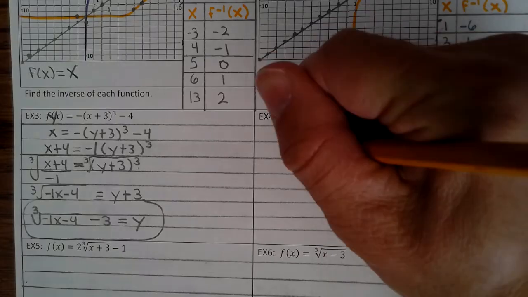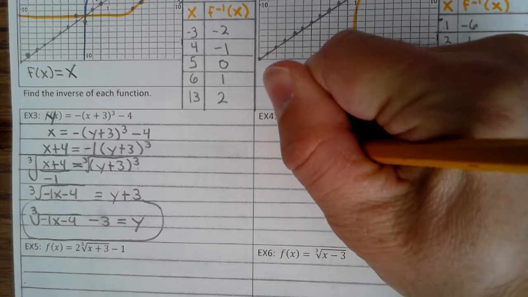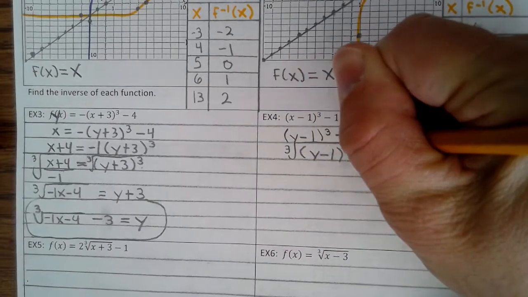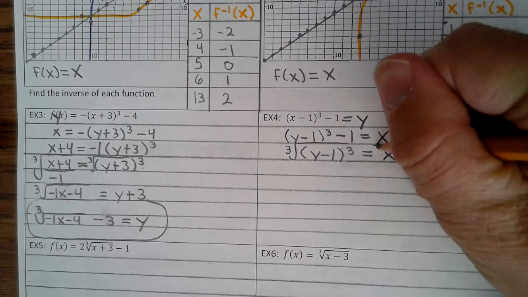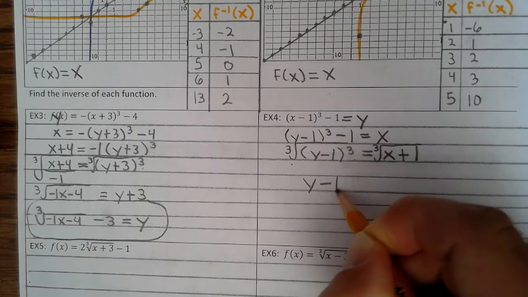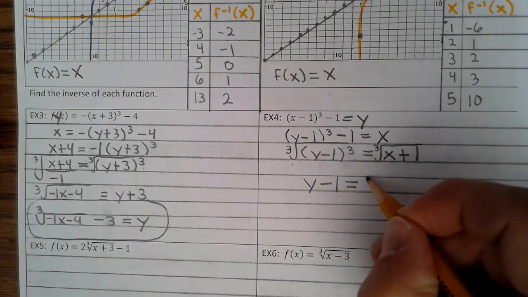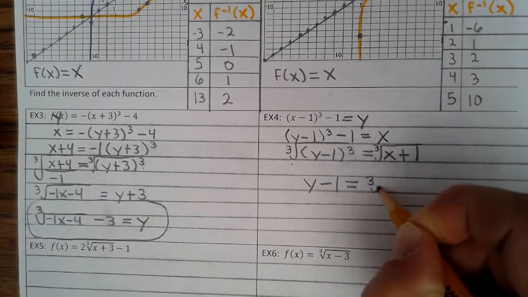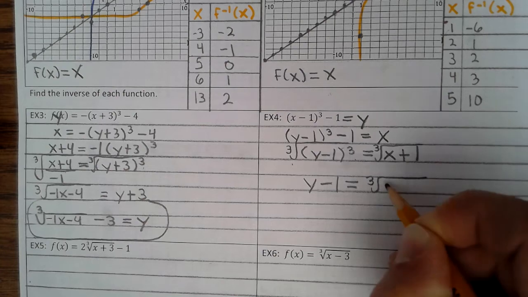Now we need to take the cube root of both sides. This uncubes the cube, so that's y minus 1 equals the cube root of x plus 1.